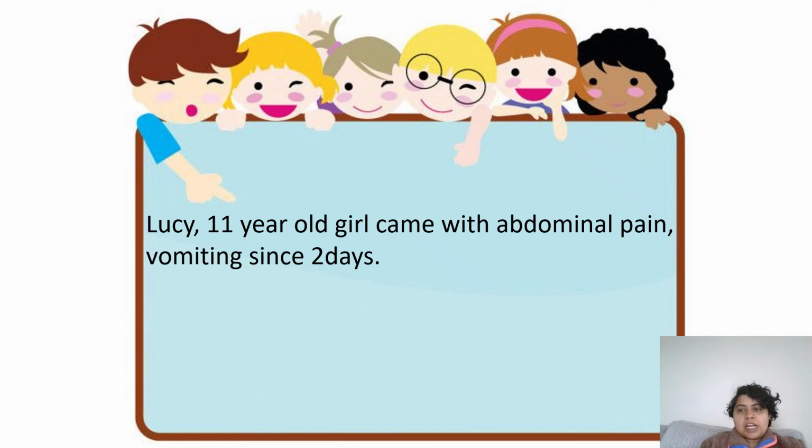Okay, now let's practice before we go to the discussion of age components of history taking in detail. Have a thought about how you would ask and what you would ask in the history for an 11-year-old girl, Lucy, who came with abdominal pain and vomiting since 2 days.